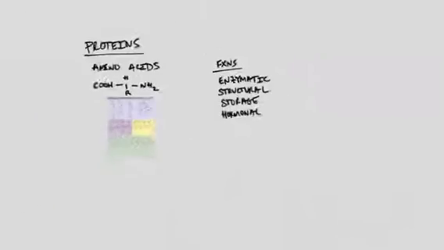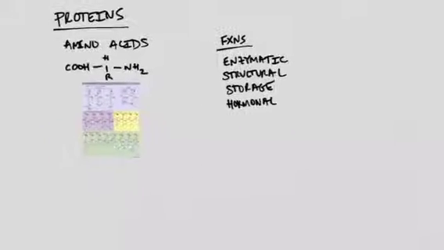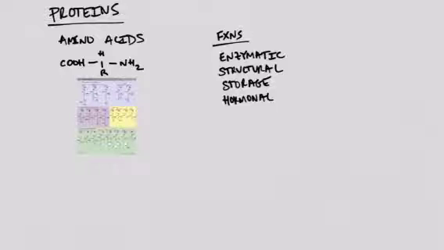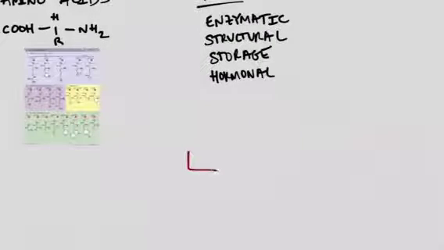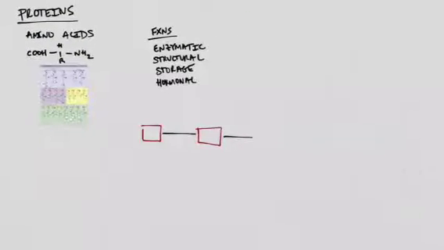Okay, so how do we make a protein? Well, there are a couple different steps. First of all, a single amino acid has to be linked to another amino acid, and so on and so forth, until we get a long chain.